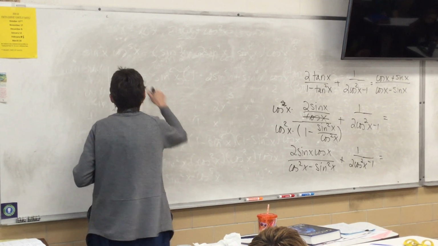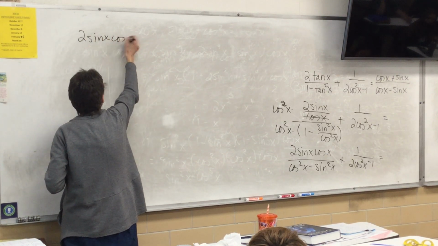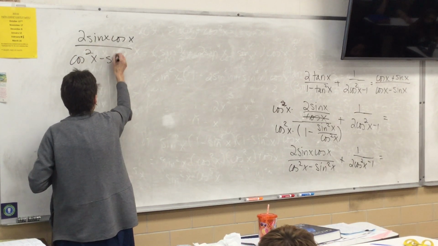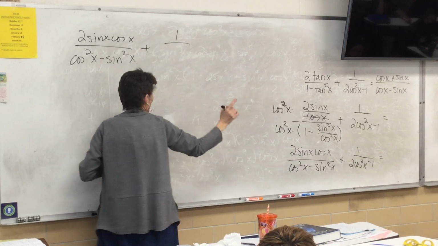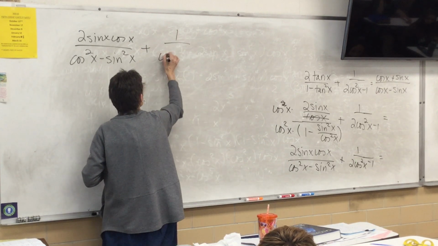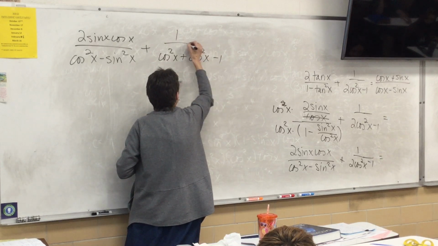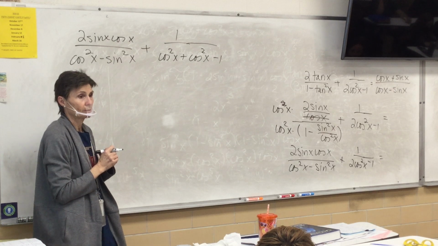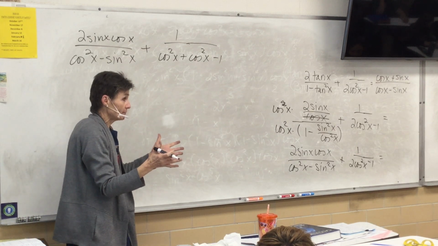So what I want you to think about is this. What if I thought about that second denominator as cosine squared plus cosine squared minus 1? Now, it is that, right?